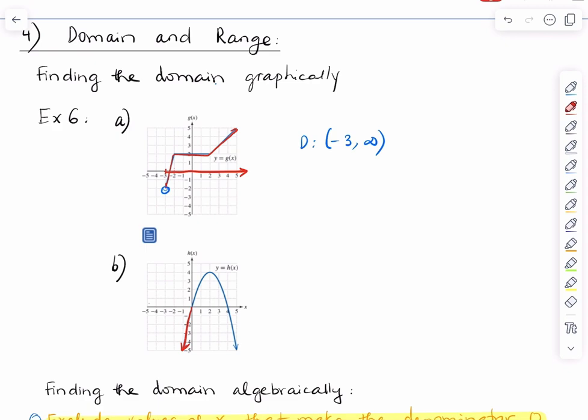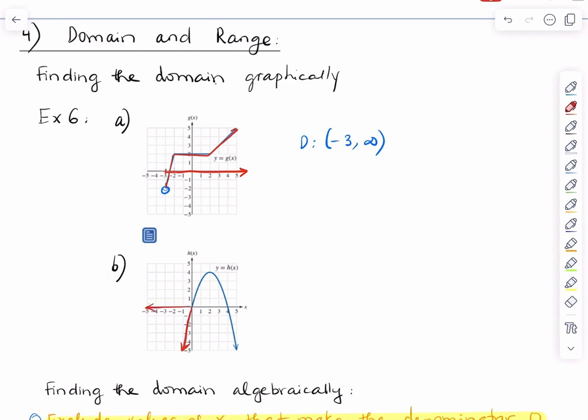Now I know you look at this as it's going down, but we have to disregard that direction when we're looking at the domain. When we talk about the domain, we only refer to left or right. So it goes to the left forever. That means it takes all the x values that go all the way to -infinity.